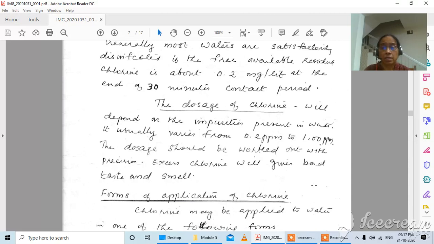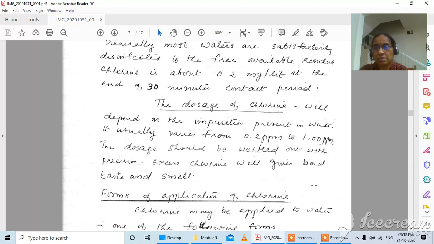Usually in rural areas we used to provide more residual chlorine, since it needs to be transmitted a long distance, and by the time it reaches the end consumer, the end user, the residual chlorine available will be very, very low.